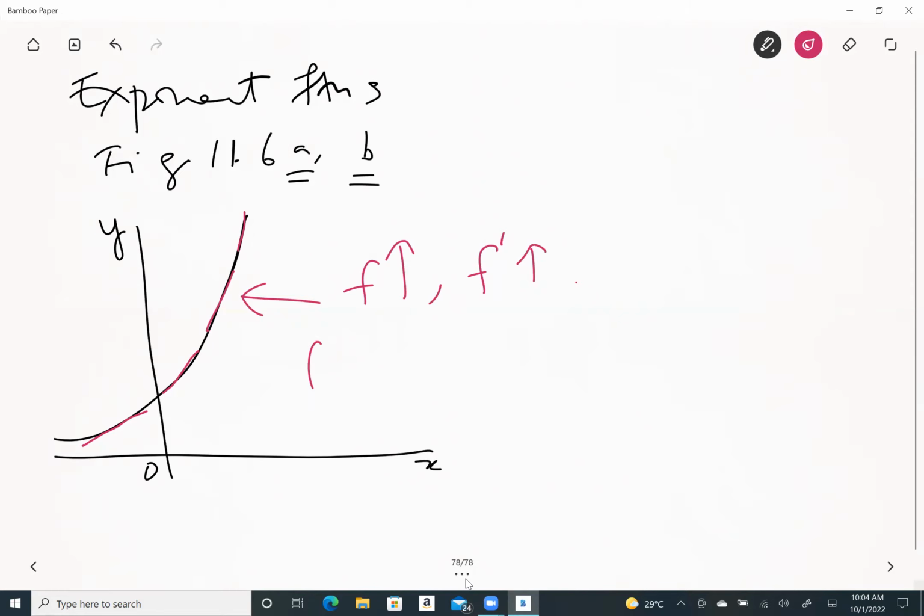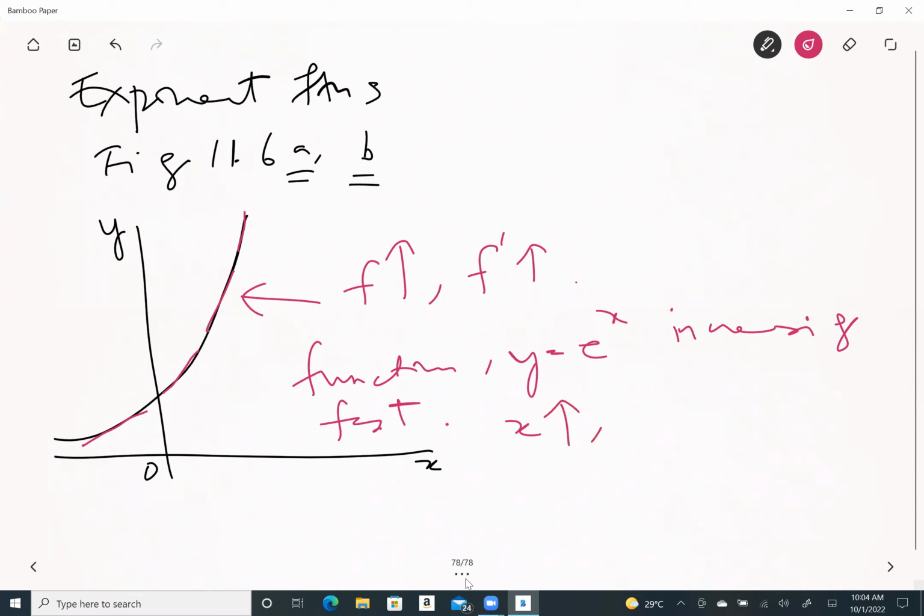So we know that the function y equal to e to the x is increasing very fast. So that's why the line becomes steeper and steeper as x increases. Okay, it becomes very steep. So that's how an e function looks like.